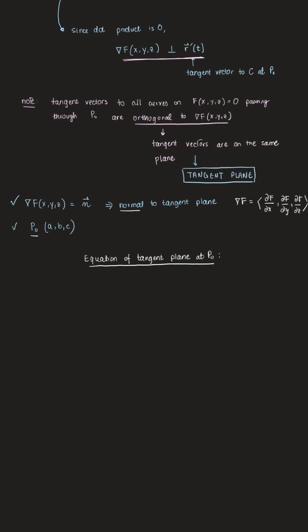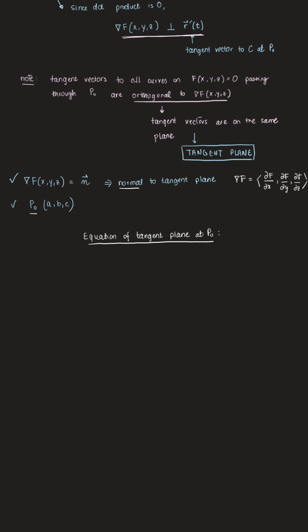So here we go. Let's write down the equation of the tangent plane. First, we'll have the first component of our normal vector, partial of f with respect to x, times x minus a, right? That is a vector that lies on the tangent plane. We're just taking the difference between the components, or between the 2 points, p naught, plus the second component of our normal vector times y minus b, plus the third component of our normal vector times z minus c equals 0.